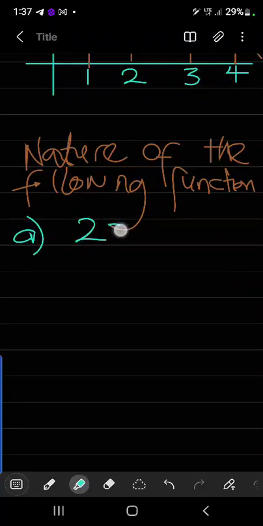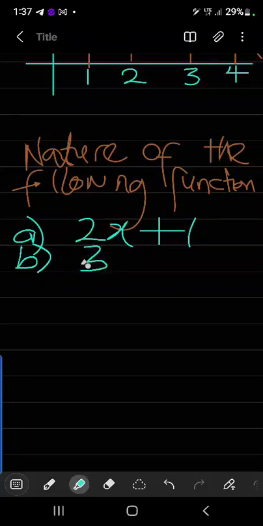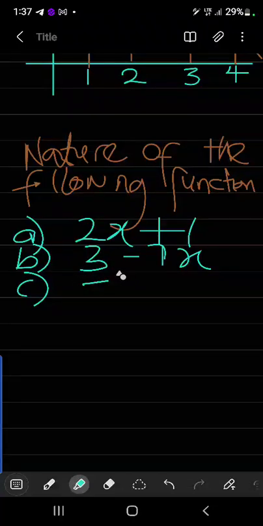Number 1, 2x plus 1. Number 2, 3 minus 7x. Number 3, minus 3x plus 4.